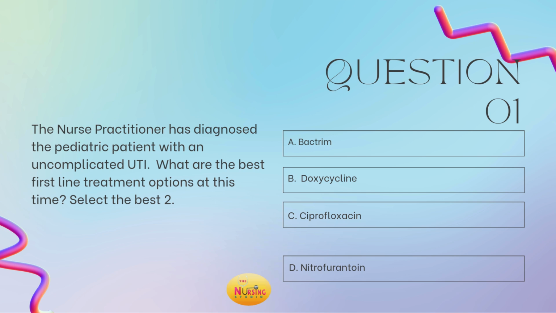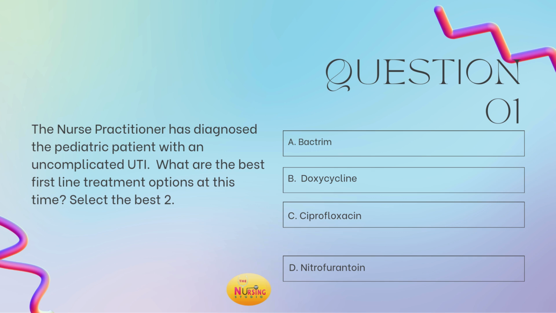I know we generally don't like those select all that apply, but I feel like these are better, because NCLEX style select all that apply, you don't know if it's one, none, or all of them, right? But with select the best two and select the best three, how the ANCC does it lets you know specifically how many you need to select. Okay, so here, select the best two.